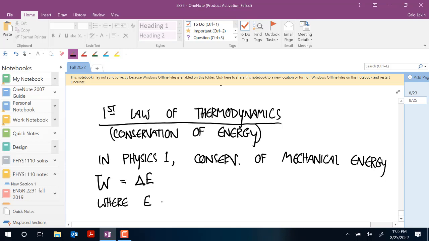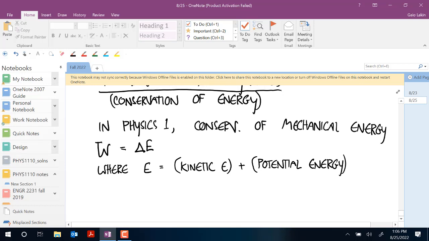Where the energy is equal to the kinetic energy plus the potential energy. And potential energy is just the negative work that's done by a conservative force.